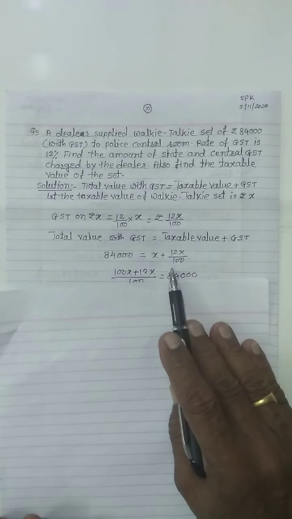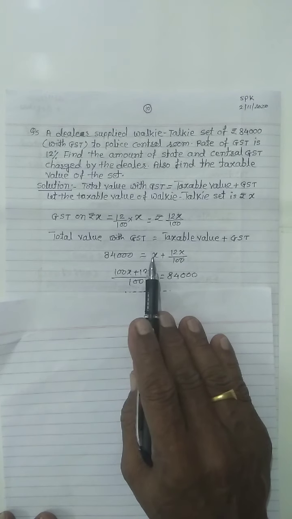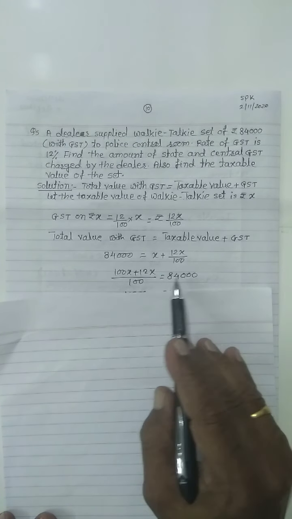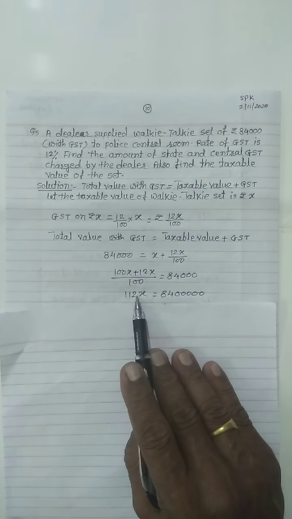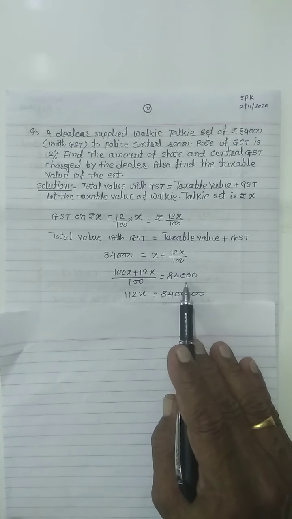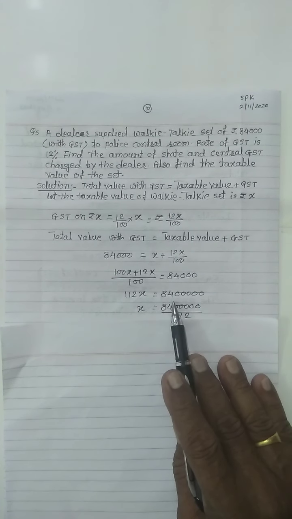Sum of these two is 100x plus 12x divided by 100. Then we get here 112x. This 100 goes to the right side and multiplies with the 84,000. Then we get here 84 lakh.